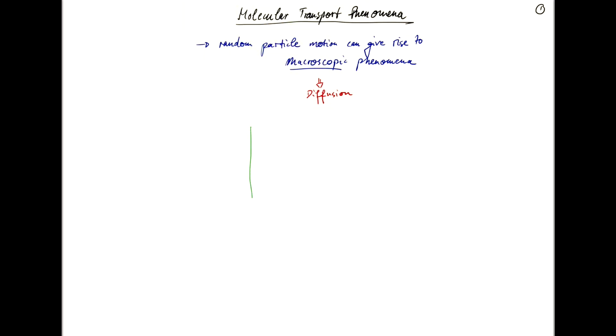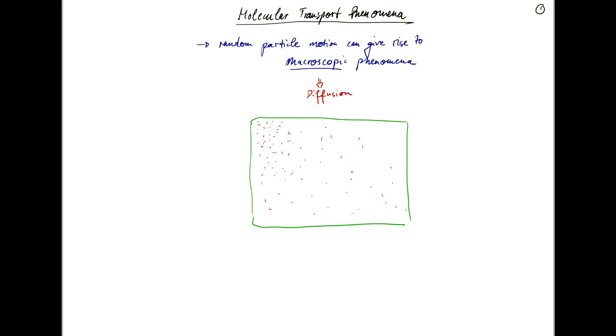So imagine you have a space, and I'm just going to draw it in 2D, that is filled with a mixture of, say, nitrogen and oxygen. So these red dots represent my oxygen particles, and green dots represent nitrogen.